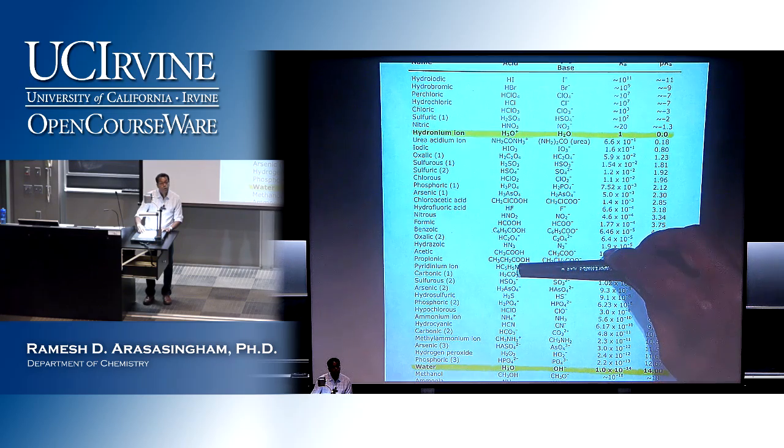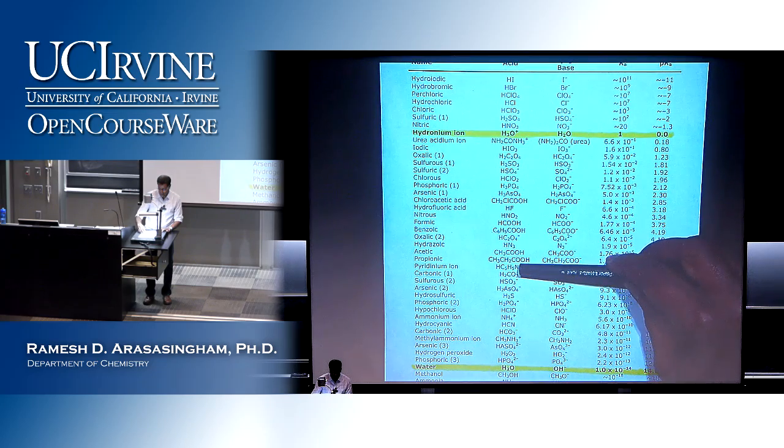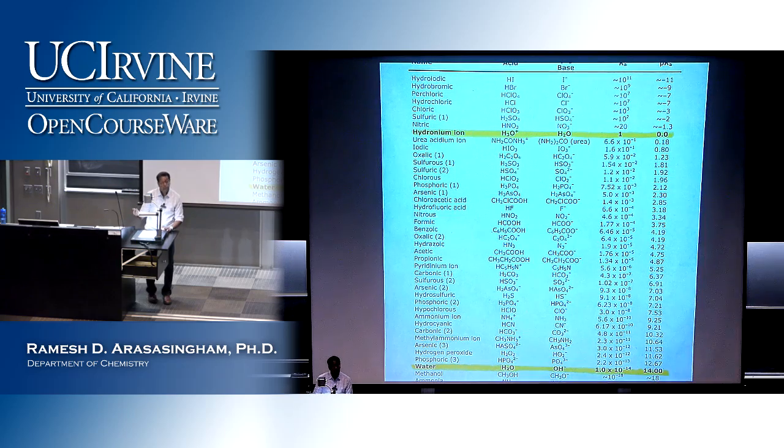Therefore, if you place it in water, this will be a weak acid, all right? Because this is the conjugate acid, its base would be this, and therefore this can act as a cation. Likewise, NH4 plus is the conjugate acid of the weak base NH3, therefore this can act as a cation.